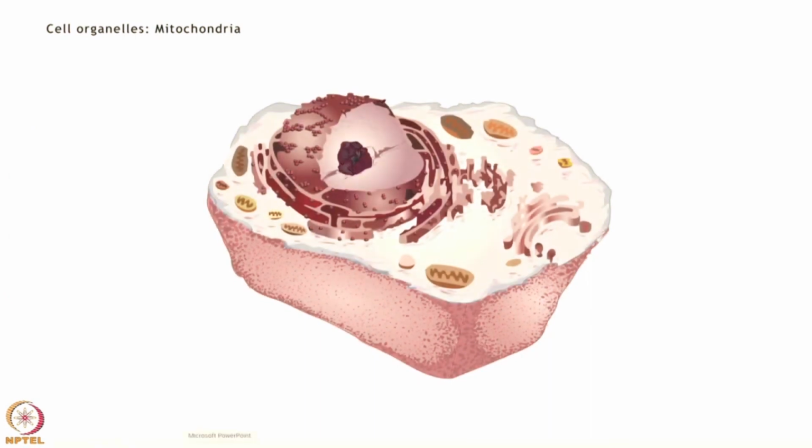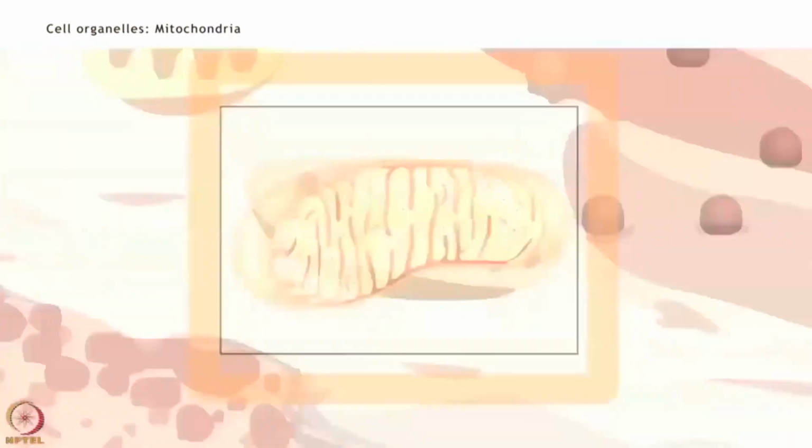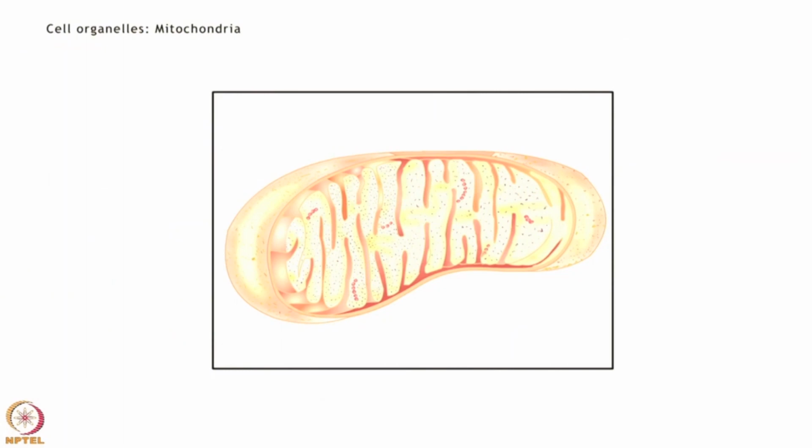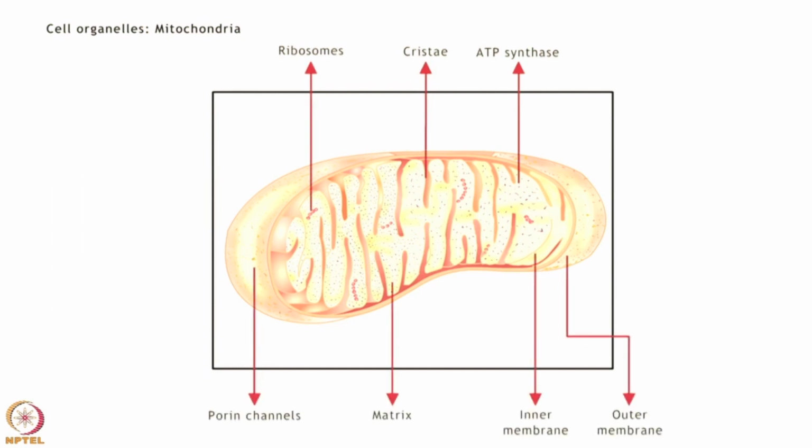Mitochondria, commonly referred to as the powerhouse of the cell, are membrane-bound organelles found in eukaryotic cells. They are responsible for generation of ATP to satisfy the body's energy requirements and are also involved in other processes such as cell signaling, cell cycle control, and cell growth.